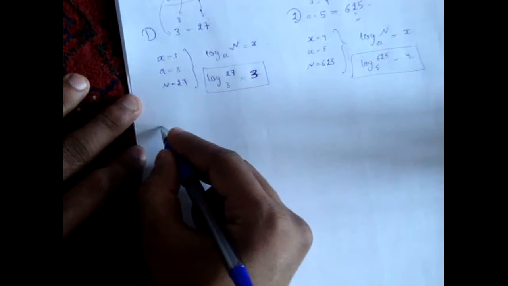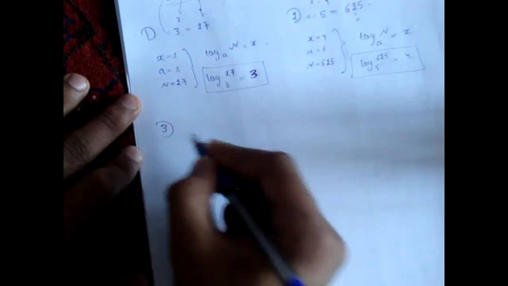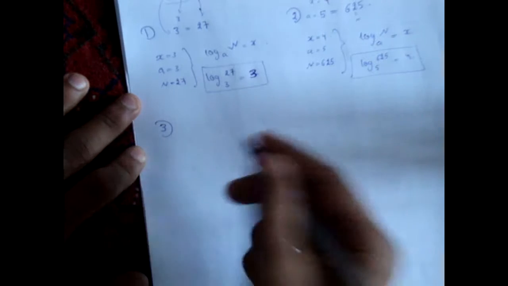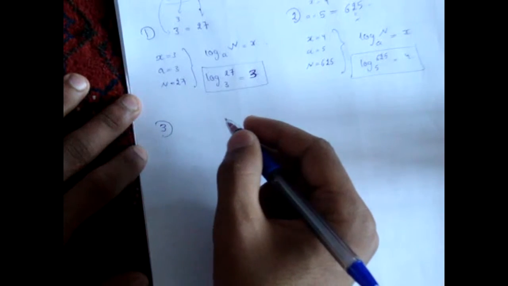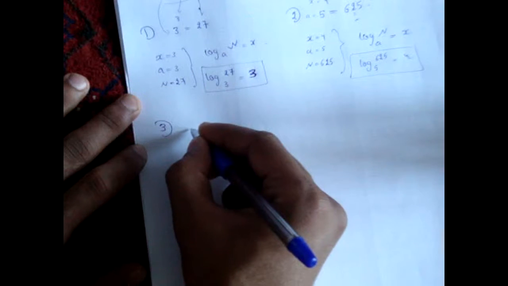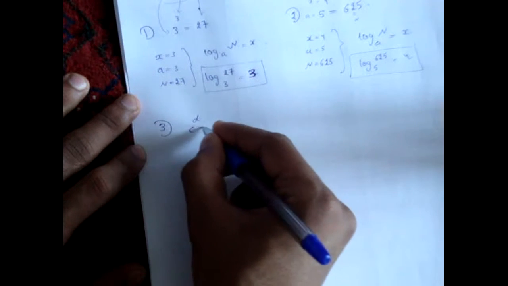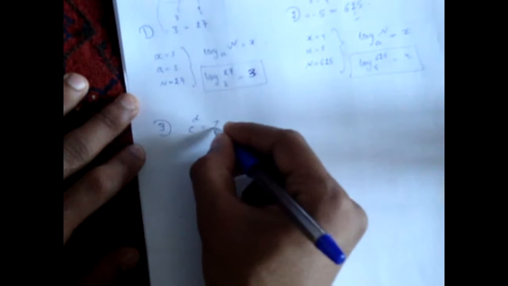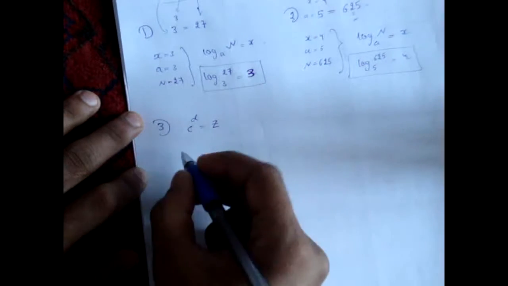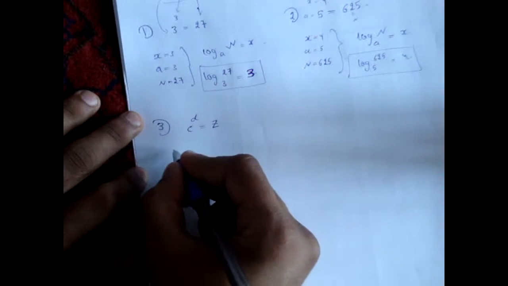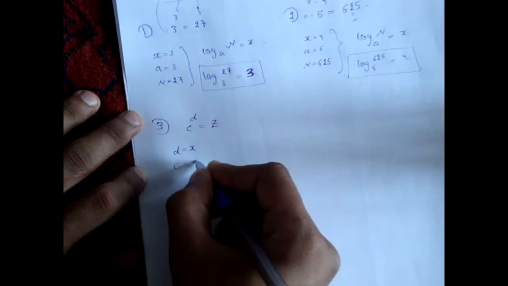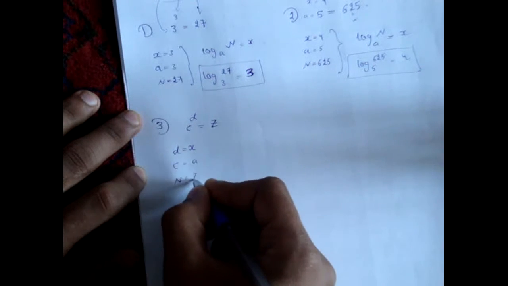There we go. I'm gonna do another example as well to make it easy for you guys. If we have an exponential equation like c to the power of d equals to, for example, z. So what I'm gonna do is I'm gonna break it in parts. So in here, d is x, c is a, and z is n.